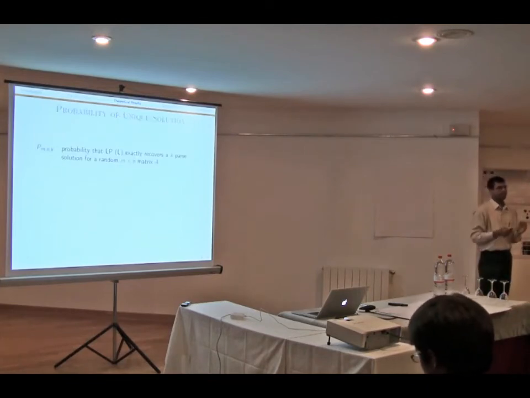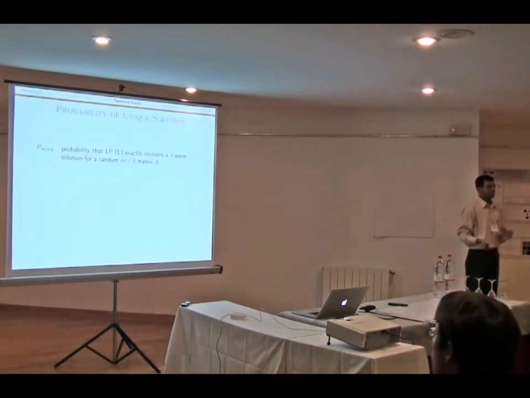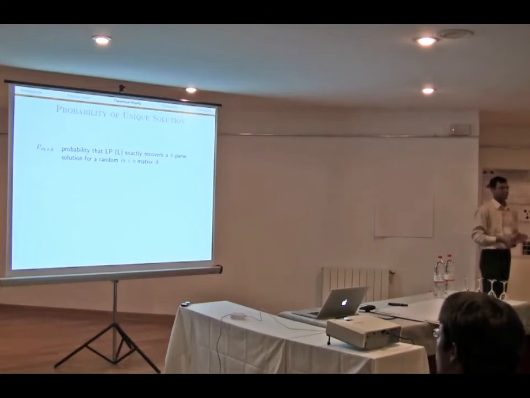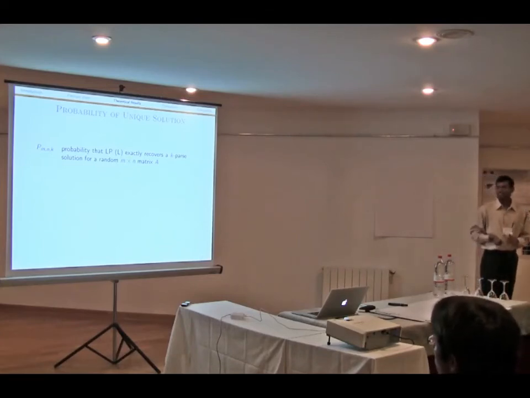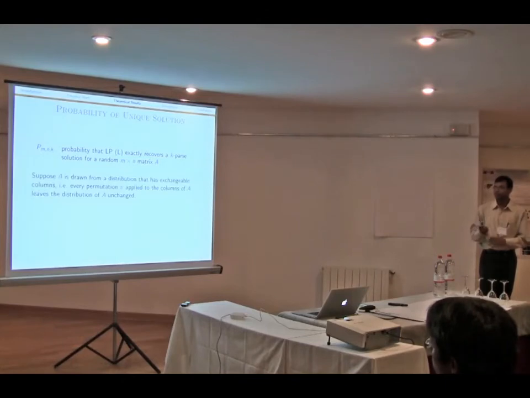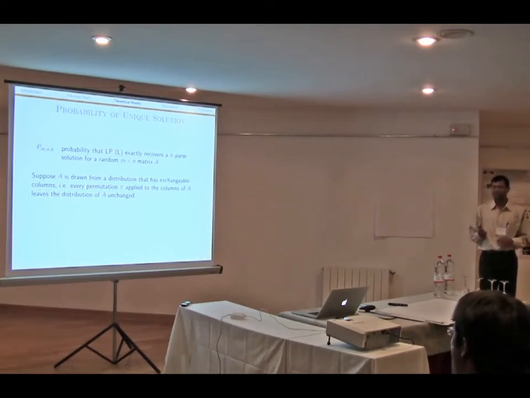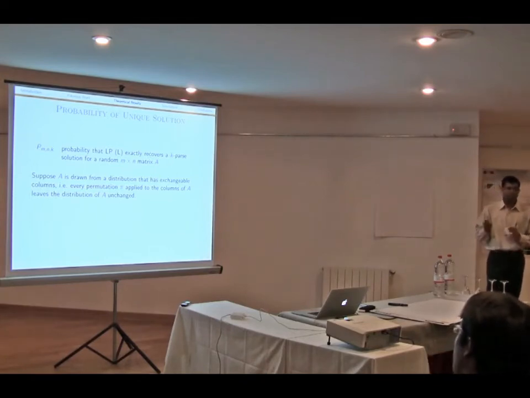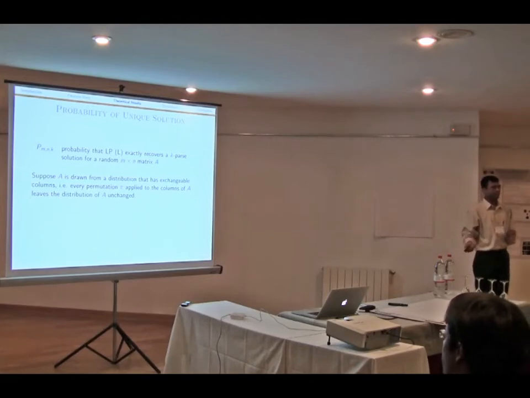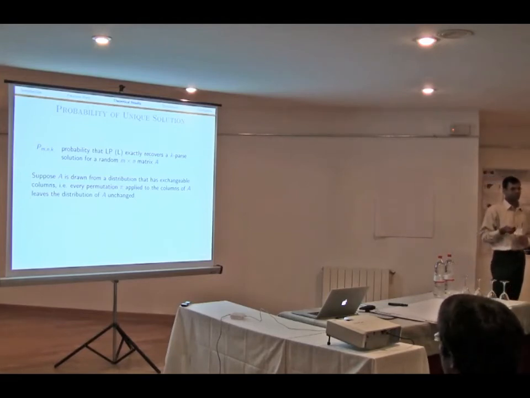Now I show the relationship between the probability of getting the exact solution and the K-set problem. By P(m, n, k), we represent the probability that exactly k recovers the solution for a random m by n matrix A, and suppose that A is drawn from a distribution where permuting the columns doesn't matter.